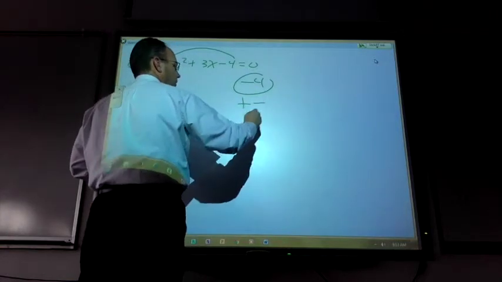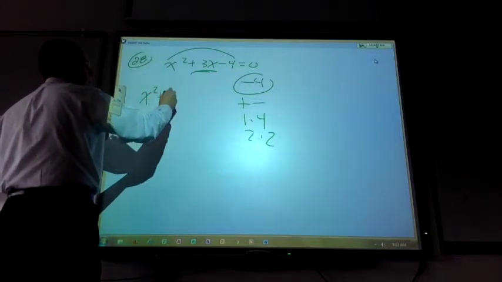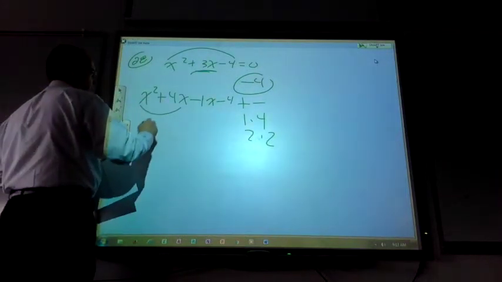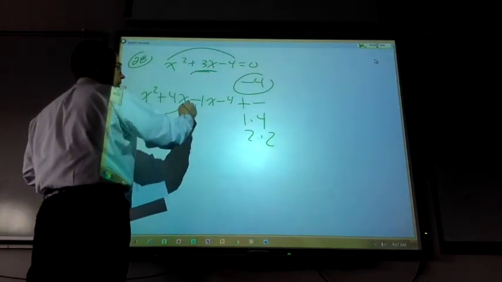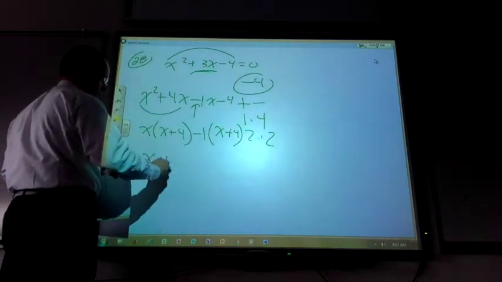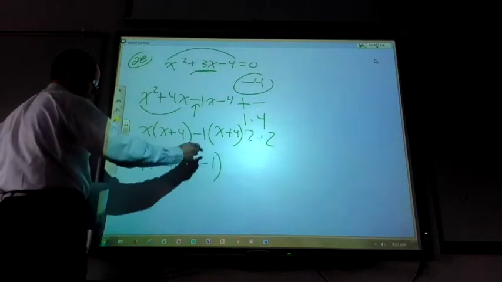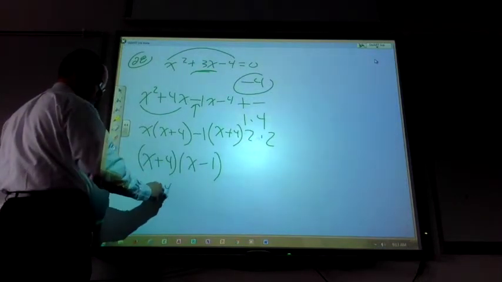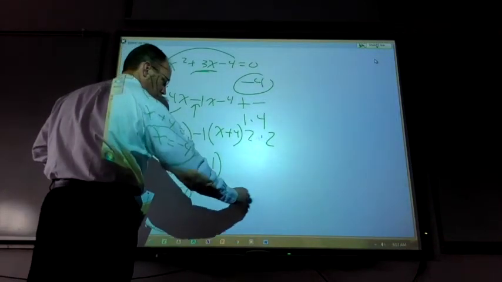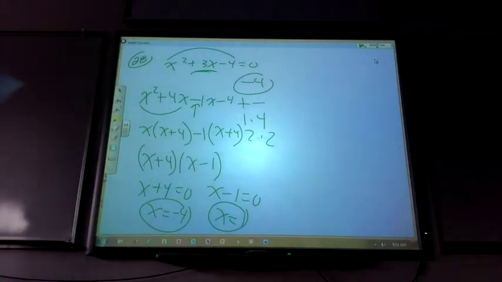Once you read the signs, factors of 4. Need to add a positive 3. So x squared plus 4x minus 1x minus 4. Yes, you could add negative 1x over here. Factor a negative out because of that. Change both signs. X equals negative 4, x equals 1.